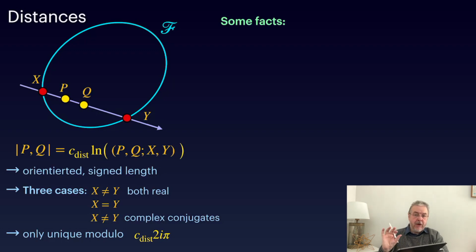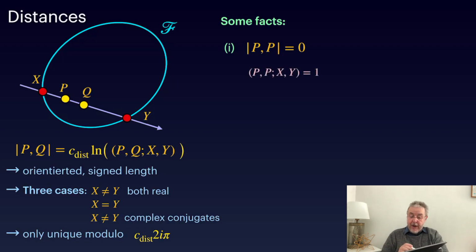And mainly I will talk about the additivity of these distances. So first thing, if you calculate the distance of a point to itself, you will get a 0. Why will you get 0? Well, if you plug in p and p into the cross ratio with any two numbers, you get a 1, and the logarithm of 1 is 0, so the distance you get here is 0. Next important thing, I said we have oriented signed distances along a line.